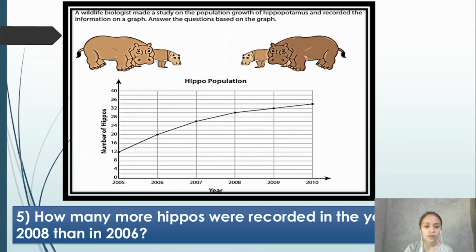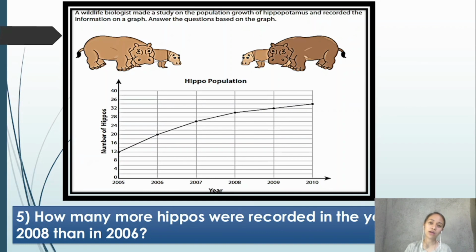And in 2006, 20. So, what are we going to do with these values? Ang tanong ay, how many more hippos were recorded in the year? Parang kino-compare. Ilan yung lamang nung 2008 dun sa 2006?